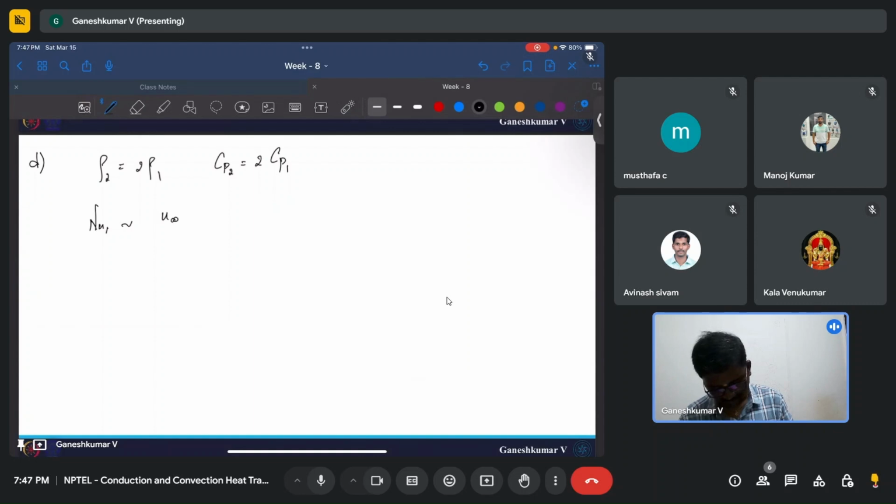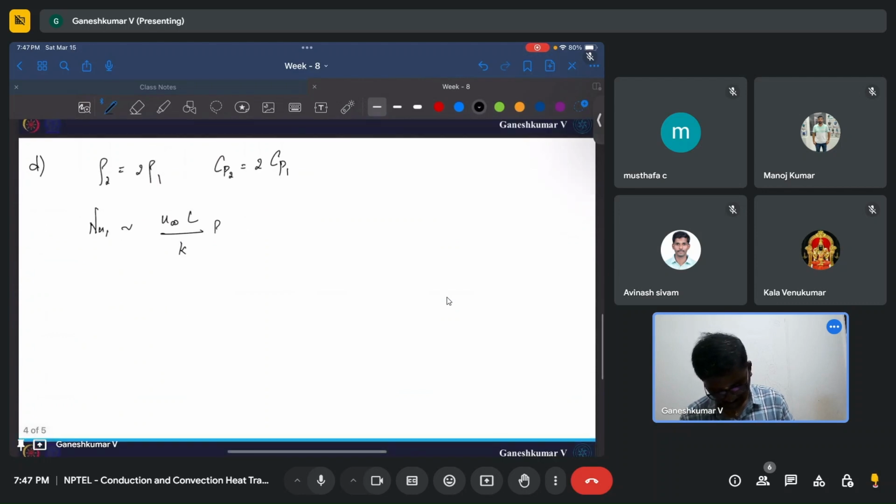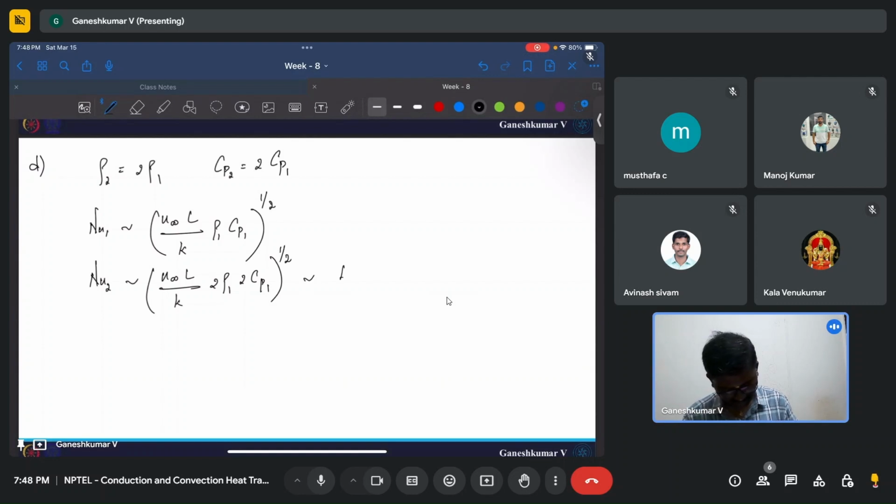It will be U infinity L by K into rho 1 Cp1, and Nu2 is U infinity L by K into rho 2 Cp2, where rho 2 is nothing but 2 times rho 1 times Cp1, whole power 1 by 2. So this actually gives 4 power 1 by 2 times Nu1, which is nothing but 2 times Nu1. So basically your Nusselt number is doubled.